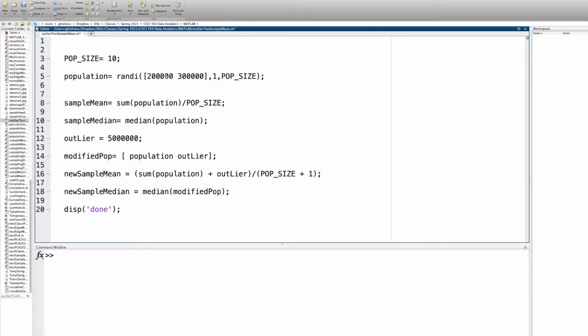Now, let's assume on the low end houses are 200,000 in some locale, and on the high end houses are, say, 300,000. So we take 10 houses sampled uniformly at random in the interval between 200,000 and 300,000. Let's go ahead and do that.